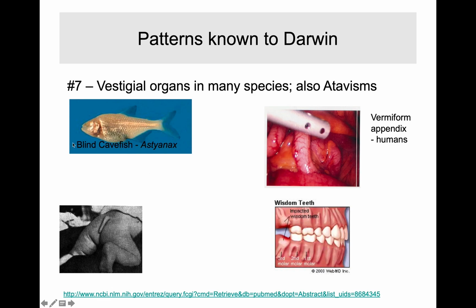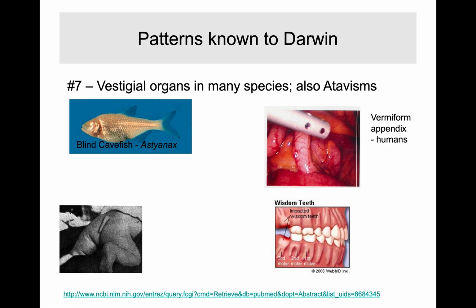This cave fish, some of you might be looking at this and thinking, it can't really be vestigial if it's just missing the eye. Well, what's interesting is that where the eye used to be, there are still genes that should be expressed in the eye that are expressed in the tissues.